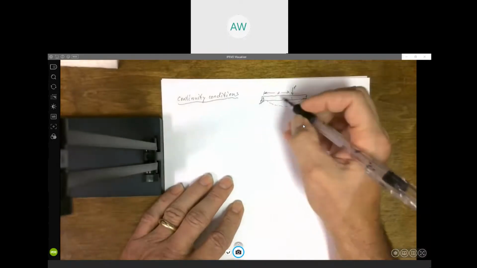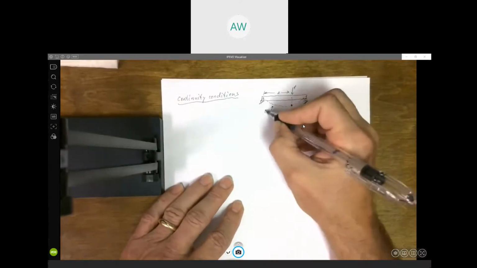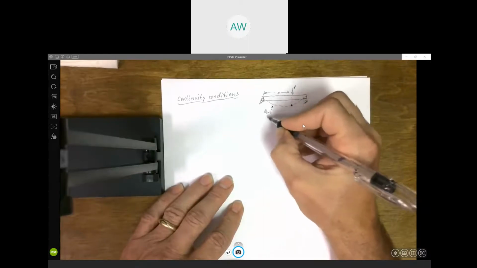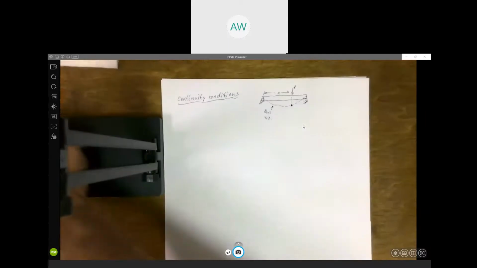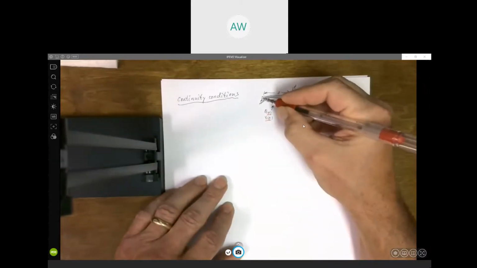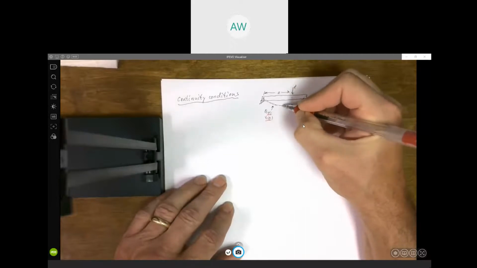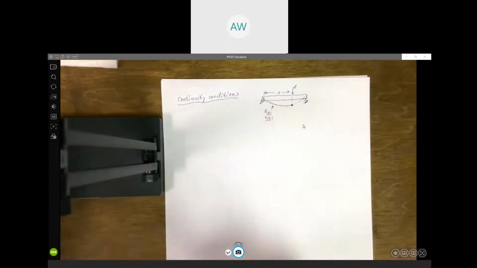Now, the equations we had on the previous page were theta 1 of x and y1 of x. Right? These were the equations for this part of the beam, for x values up to a.